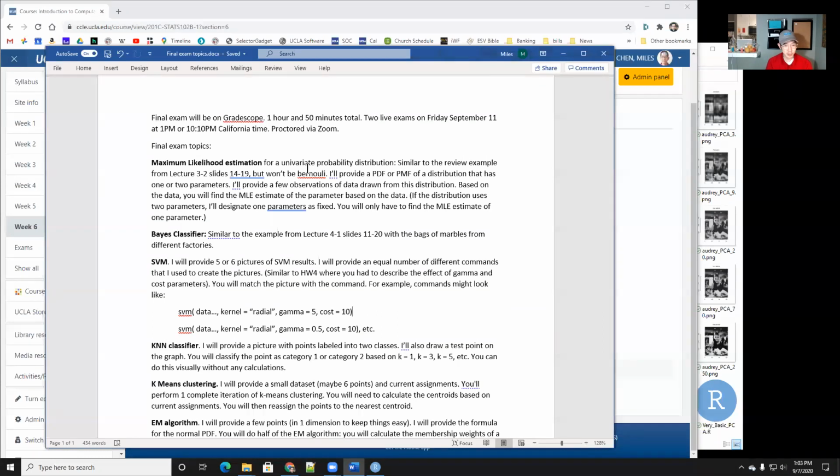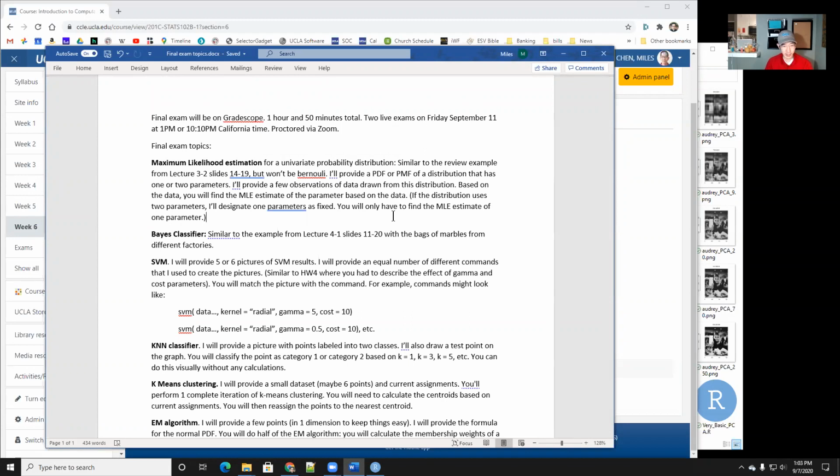The first one will be MLE, maximum likelihood estimation, but it will be for a univariate probability distribution.